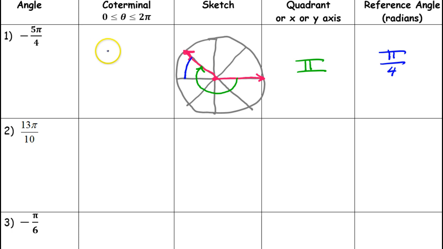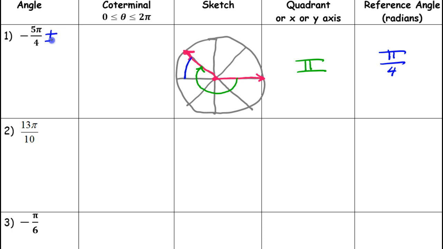So that just leaves coterminal angles. Now, if I go in the positive direction, if I just went from here to here, that would be 1, 2, 3 pi over 4, so that would be a coterminal angle. But let me just do it mathematically.